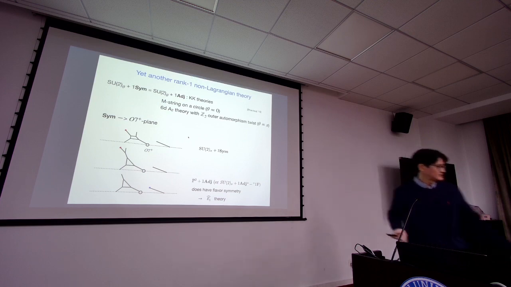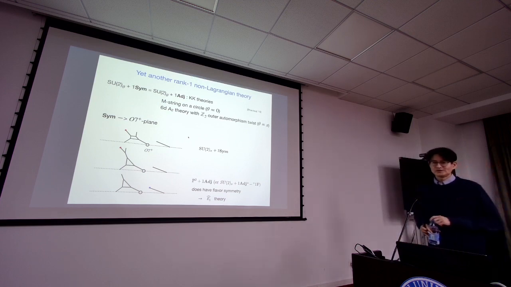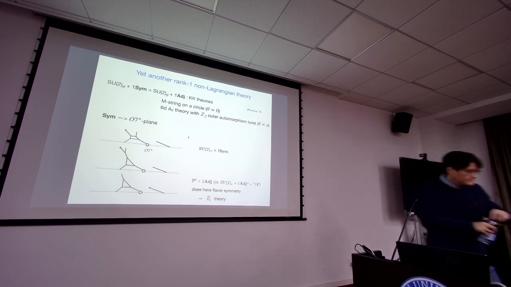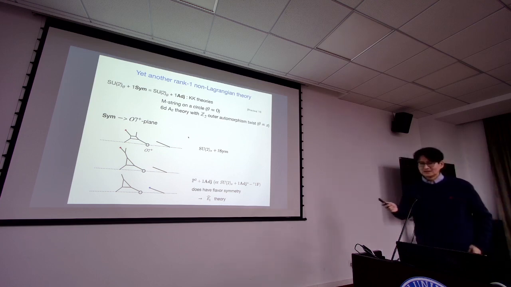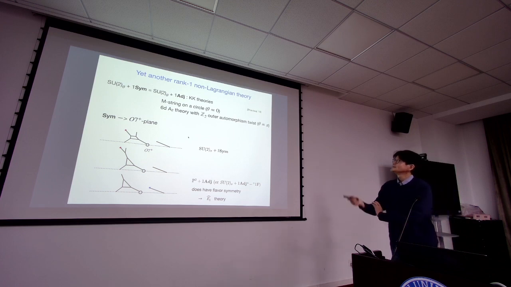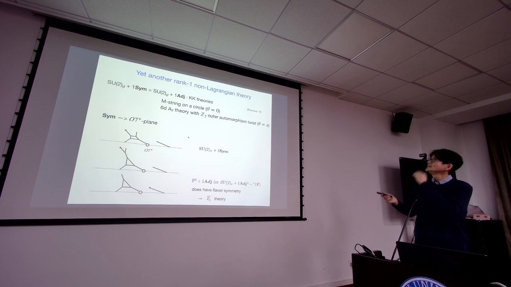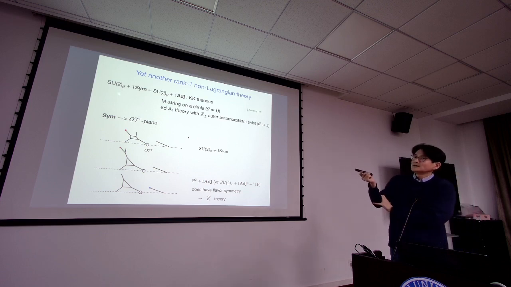But yet, there's another rank 1 theory which is not well known until 2019. Lakshya looked at this theory, where the SU(2) theory with a particular theta angle, either 0 or pi, with a symmetric matter, which for SU(2) is the adjoint.